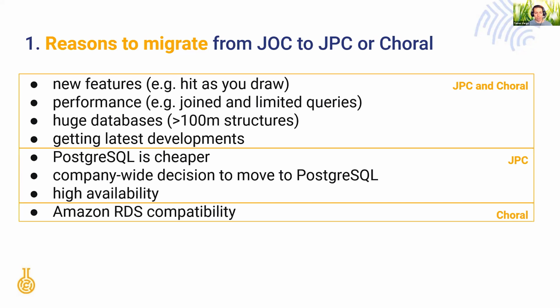There are some companies that need to move to Postgres for a company decision, so it's not in people's hands, they have to move. So JPC has high availability, Choral is working on Amazon RDS, so these are also very important points for people to choose the new products.